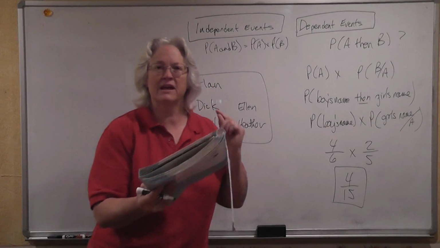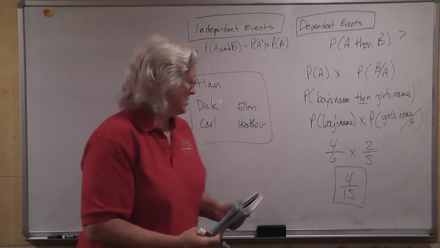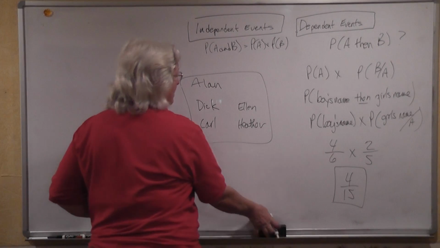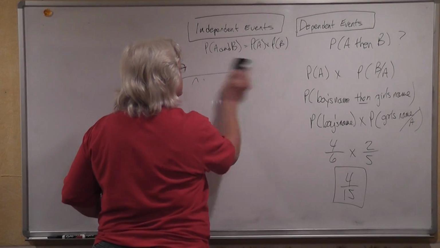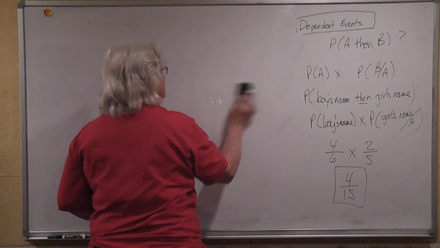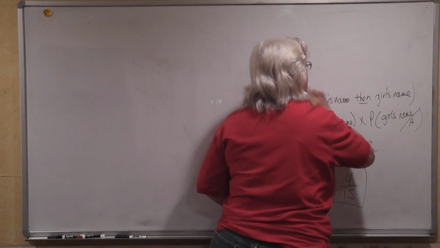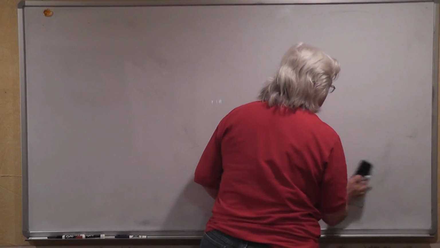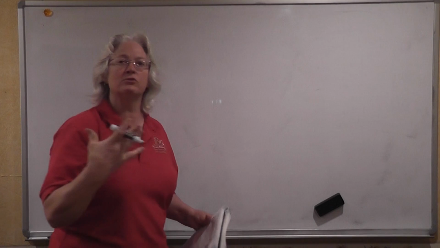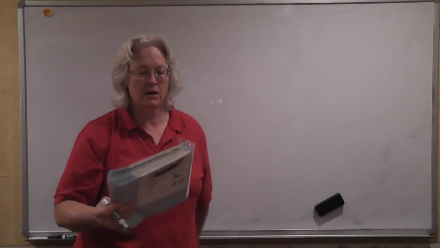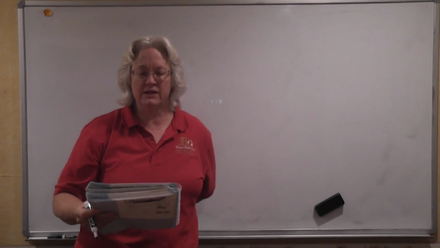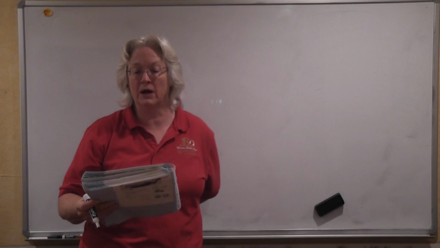Let me go ahead and take 2 or 3 right quickly from our homework problems. And you do not have to be able to write those formulas, but you have to understand how to get this. Okay, let's say that we have a spinner, and it says spin the spinner twice.